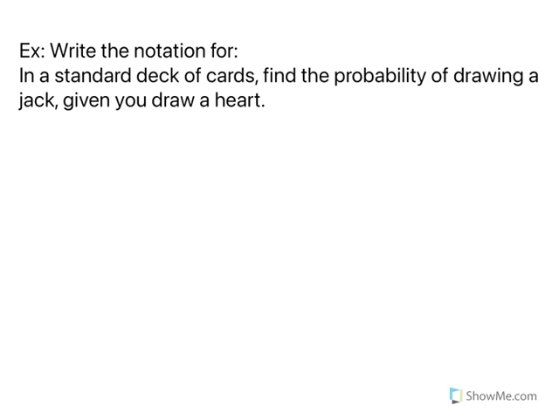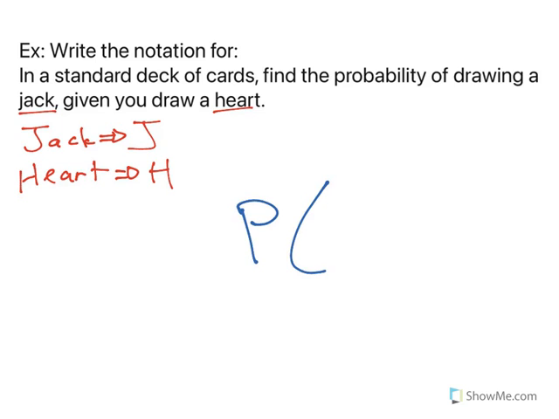Let's write the notation for, in a standard deck of cards, find the probability of drawing a jack given that you draw a heart. All right, so what does that mean? Well, first let's identify. Let's say we're talking about a jack, so let's say that that is noted by J. And we're talking about a heart, so let's note that by an H. So the probability of drawing a jack given that you draw a heart.